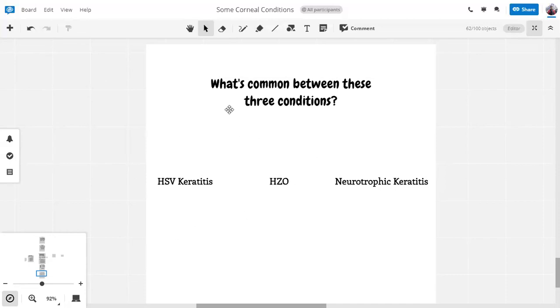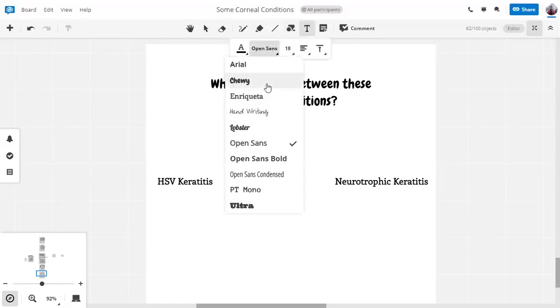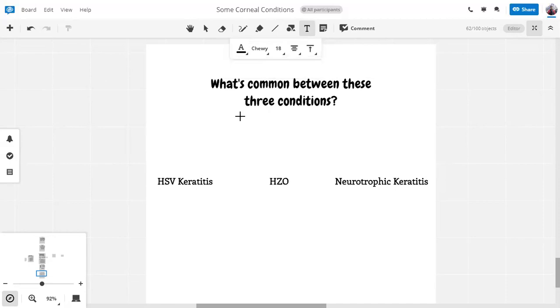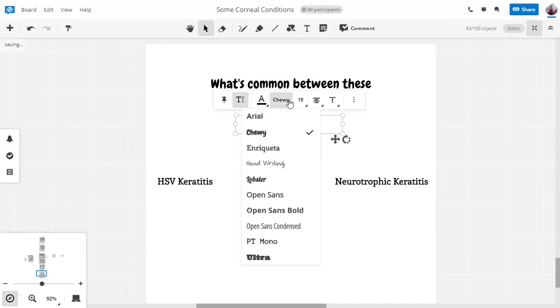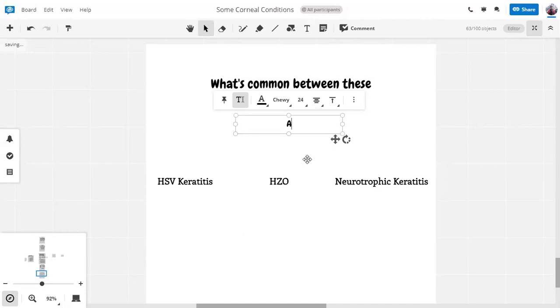So they had a peculiar symptom which we discussed last time. What was that symptom? पेन नहीं हो रही थी इन्हें. एनेस्थीसिया. Corneal anesthesia. So there are three conditions which have corneal anesthesia: herpes simplex virus keratitis, herpes zoster ophthalmicus, and the third is neurotrophic keratitis.